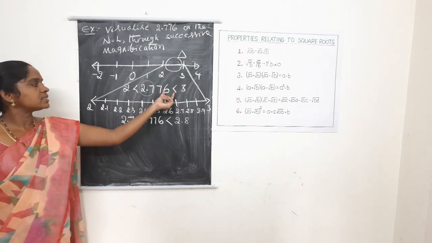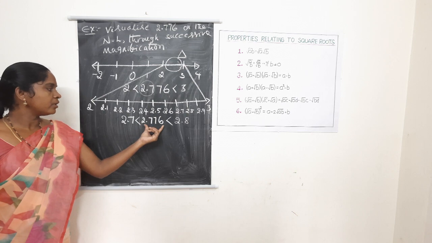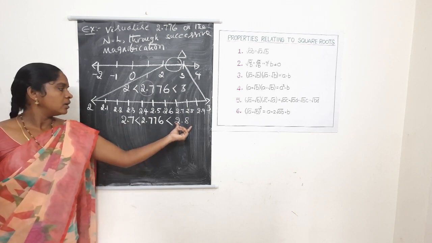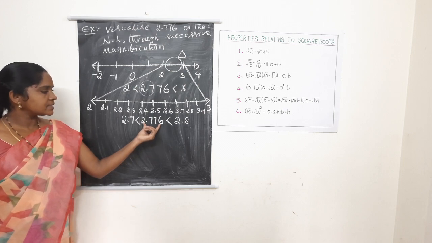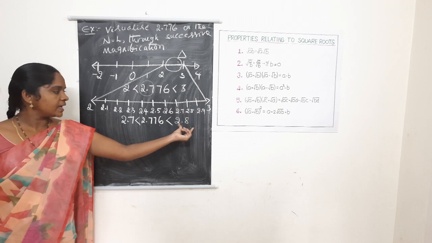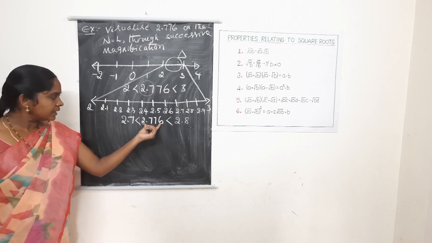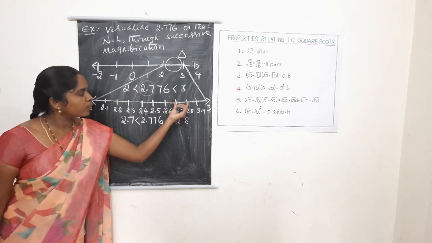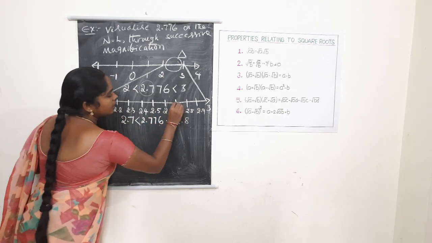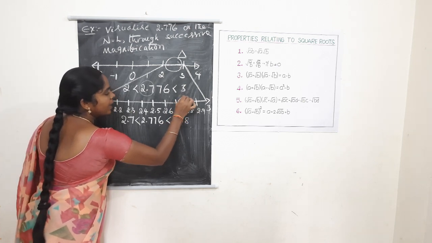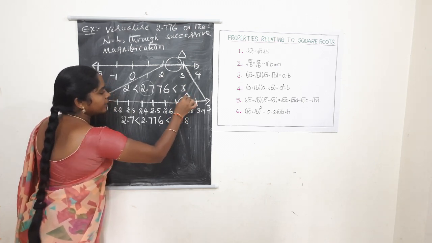After 2.7 there is something, so this number lies between 2.7 and 2.8. So 2.776 is smaller than 2.8 and this number is greater than 2.7. This is the smaller portion and this is the magnifying mirror.